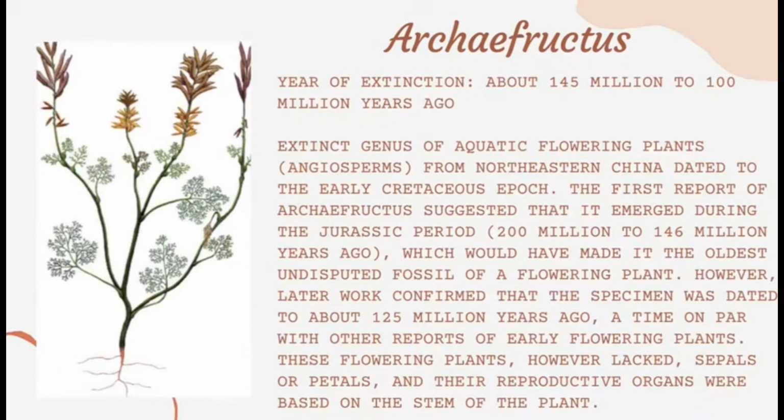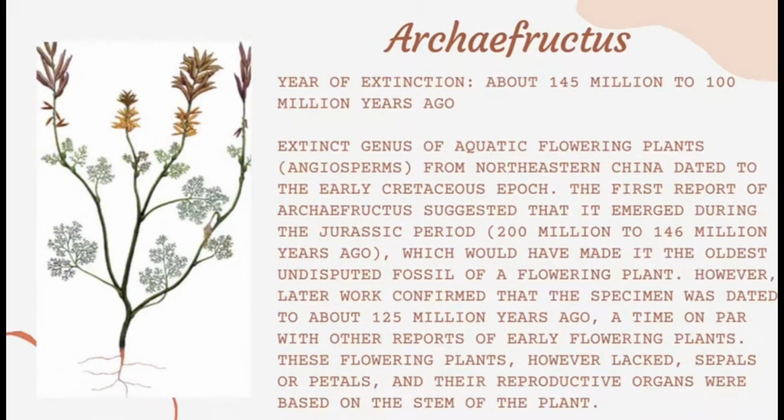Archaefructus. Year of extinction: about 145 million to 100 million years ago. An extinct genus of aquatic flowering plants, angiosperms from northeastern China, dated to the early Cretaceous epoch. The first report of Archaefructus suggested that it emerged during the Jurassic period, which would have made it the oldest undisputed fossil of a flowering plant.